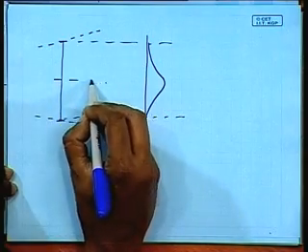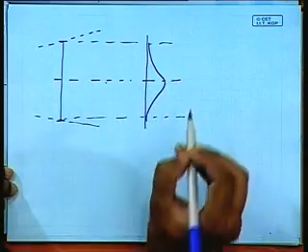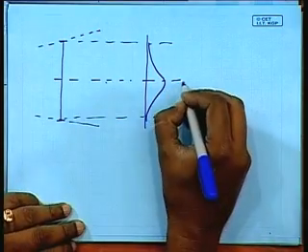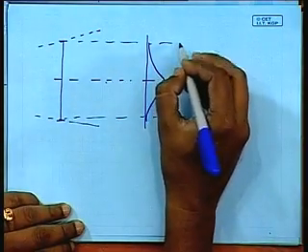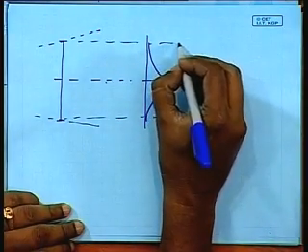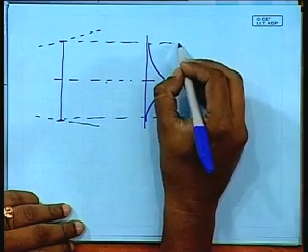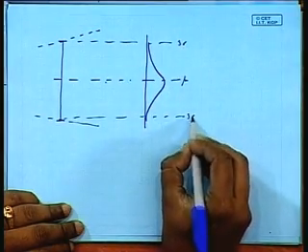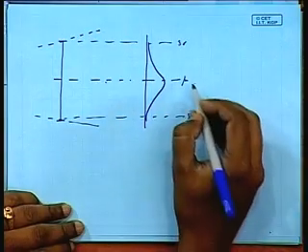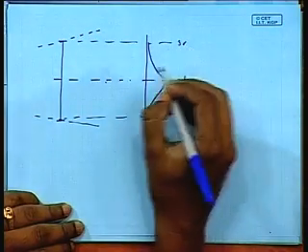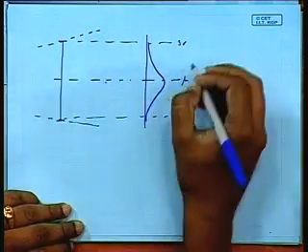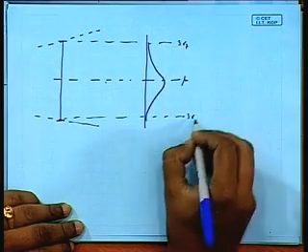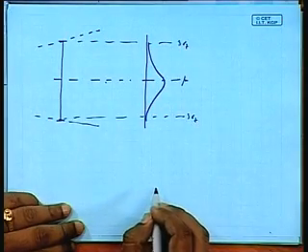So this is mu, and this is, say, 3 sigma here. This is sigma z.